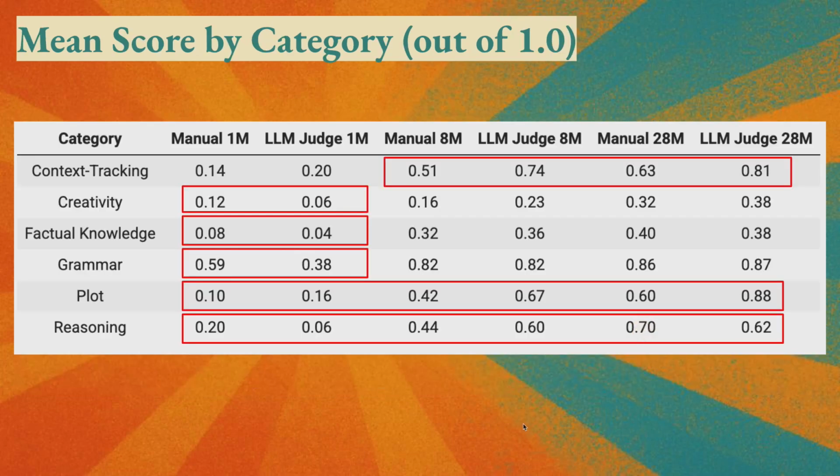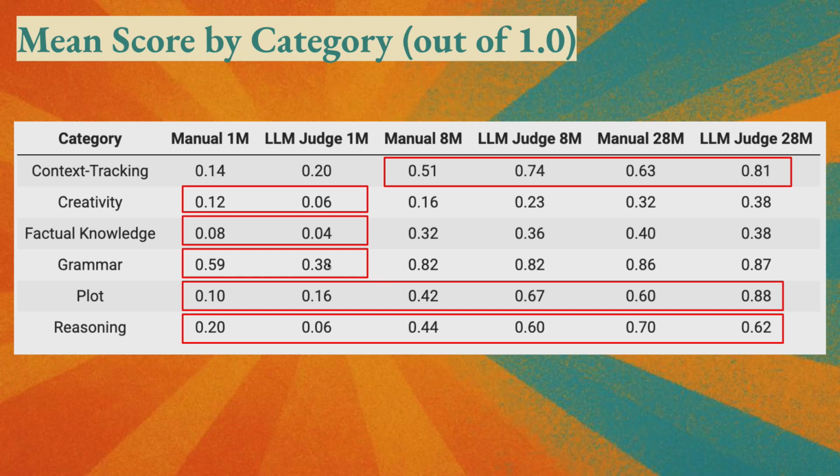If we look by category, you really start to see the differences. So I've highlighted in red the score differences where there's a significant difference. So for example, if we look at a huge difference for grammar, I judged manually the 1 million parameter model, and my average score for grammar was about 0.6.